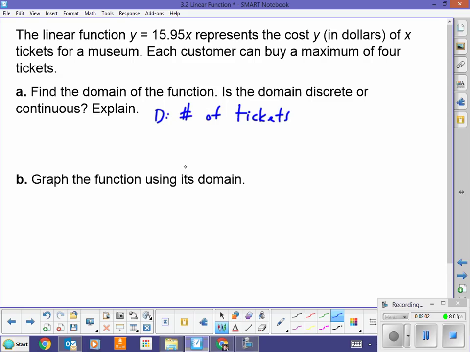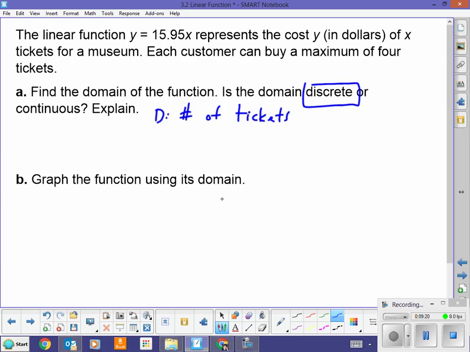Can I buy 1.001 tickets, 1.5 tickets, 1.95 tickets? And the answer is no. Tickets, you buy 1, 2, 3, 4. You don't buy partial tickets. So in this case, the domain is discrete.